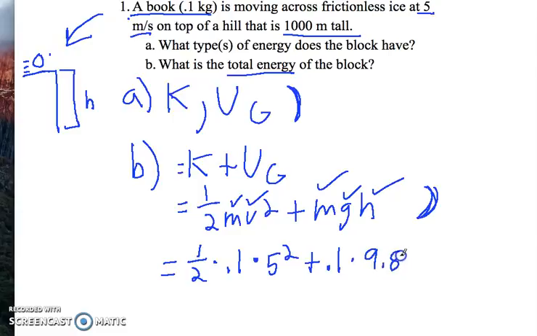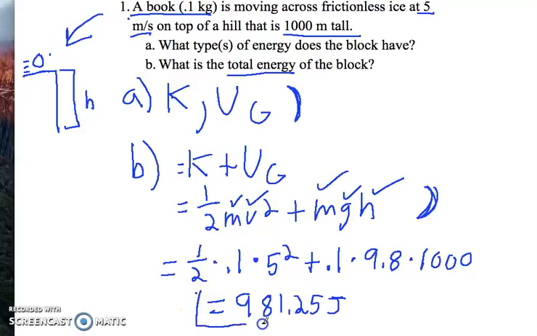Little g on Earth is 9.8 meters per second squared, times the height, 1,000 meters. We get the total energy, which is 981.25 joules. J for joules. That's just the energy of all the different types of energy present combined.